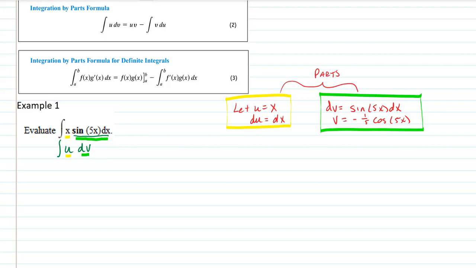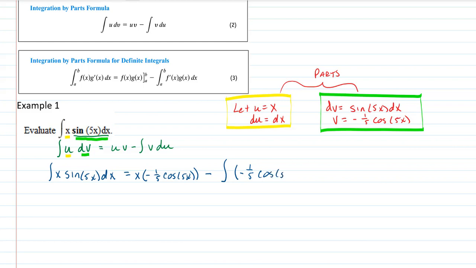So we have the integral of u dv is going to be equal to, that formula says, uv minus the integral of v du. So when I rewrite this, I get the integral of x sine 5x dx is equal to x times negative 1/5 cosine 5x, that's the v, minus the integral of v, which is negative 1/5 cosine 5x, du, which is dx.